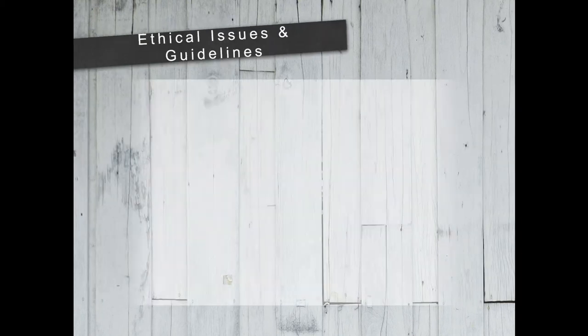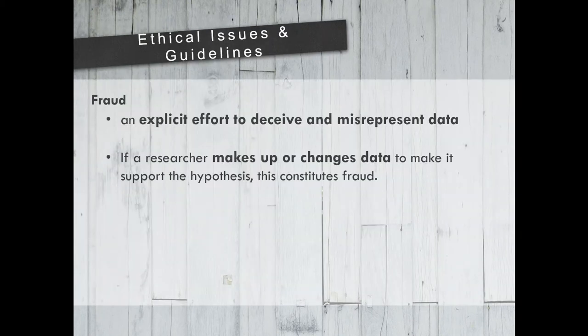Now let's take a look at fraud. Fraud is defined as an explicit effort to deceive and misrepresent data. This is different from an error. An error is an honest mistake that occurs in the research process, for example, in data collection, scoring of measures, entering data into the computer, or in publication typesetting.